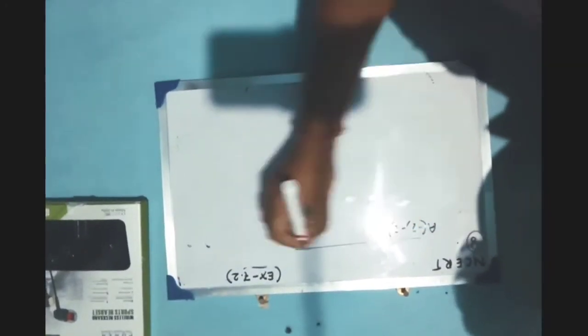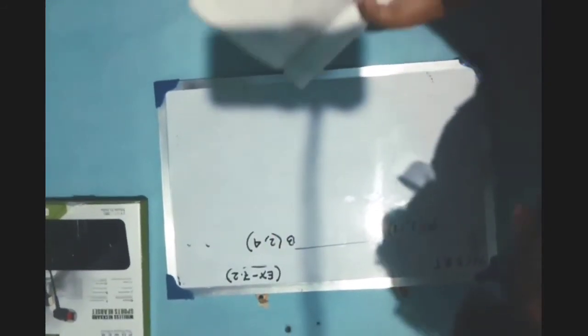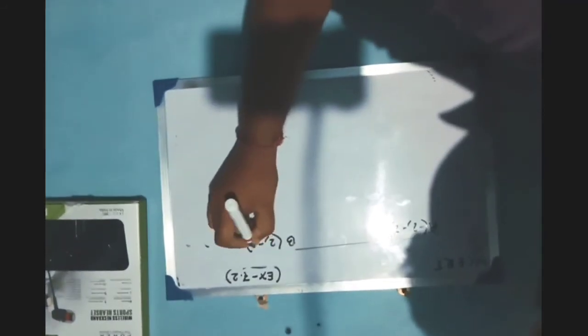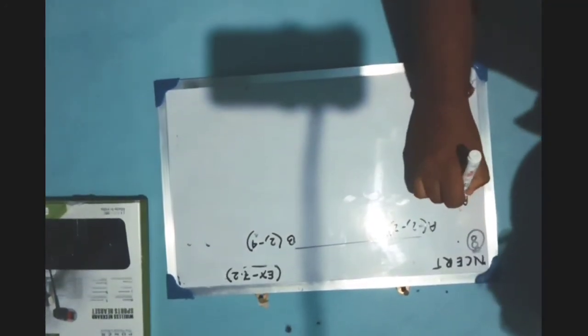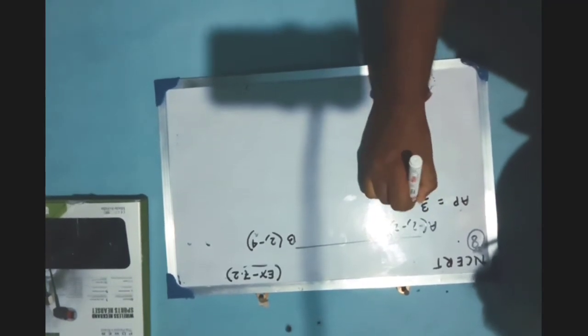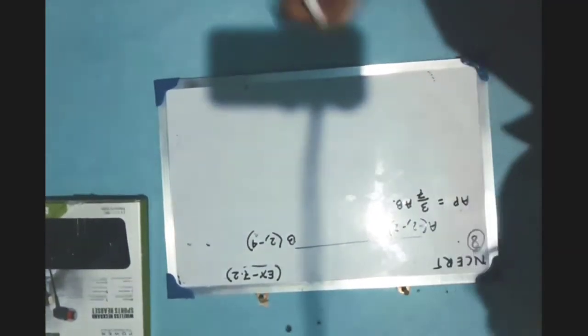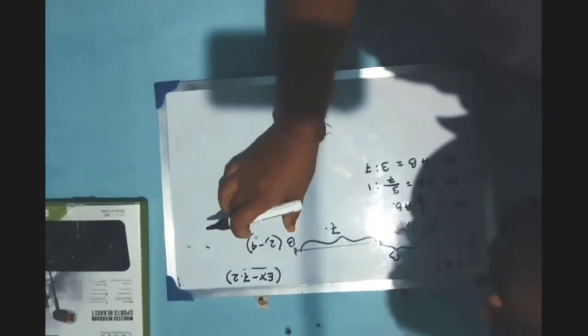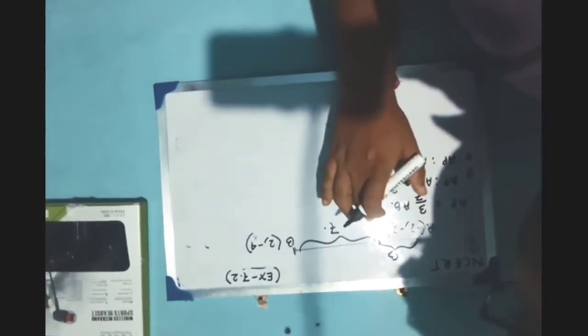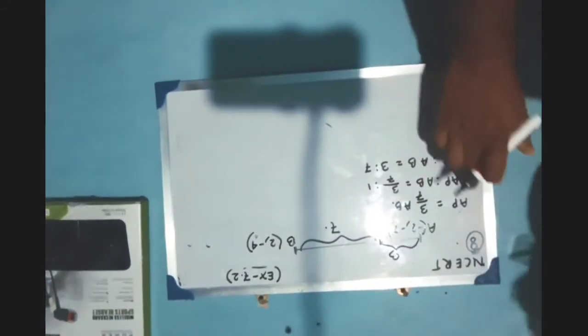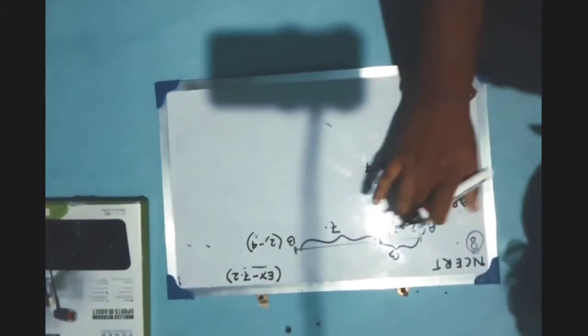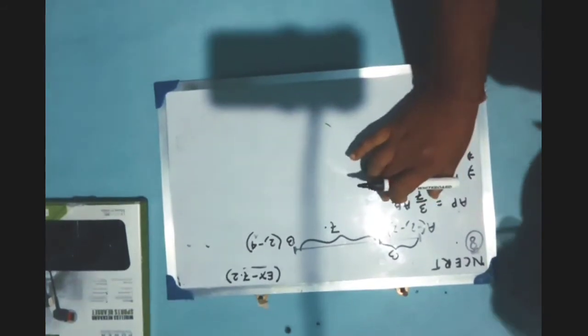A is equal to minus 2 comma minus 2, B is equal to 2 comma minus 4, and coordinate of P we have to find. It is told that AP is equal to 3 by 7 of AB.